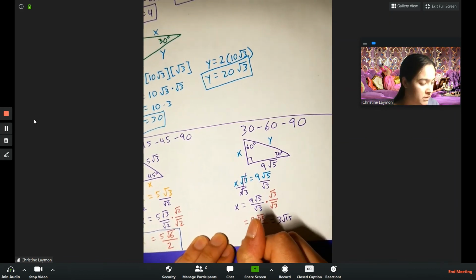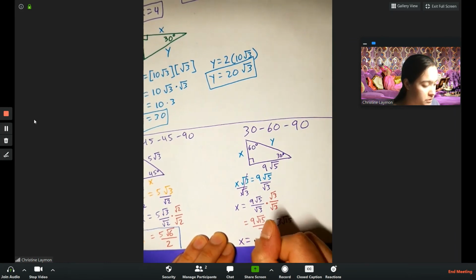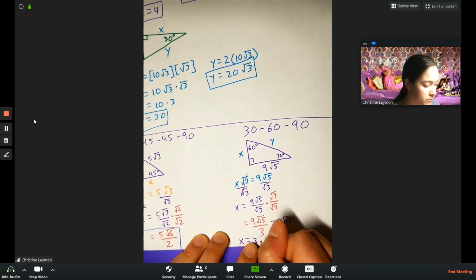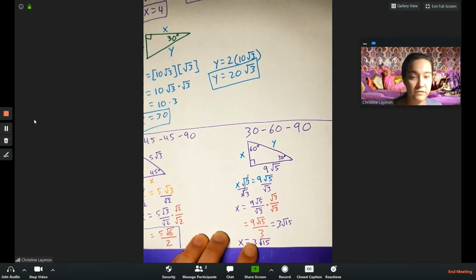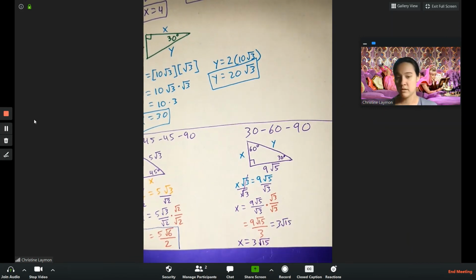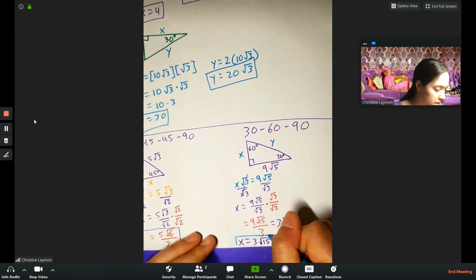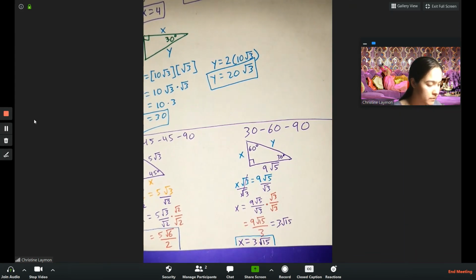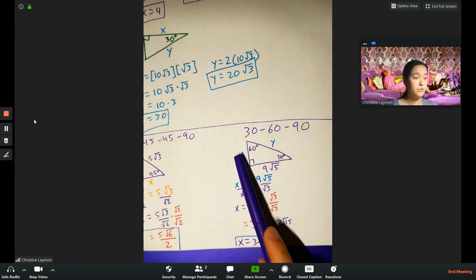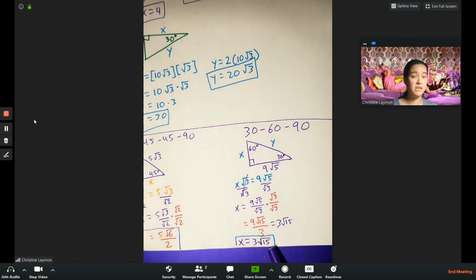So let me write that down here. X equals 3 radical 15. And let me go ahead and box that. That is a radical as well. Let me make that look a little bit nicer at the bottom there. Little square root there. Okay. All right, so we found this one here. To get from that shortest side to the hypotenuse, just take this and multiply by 2.